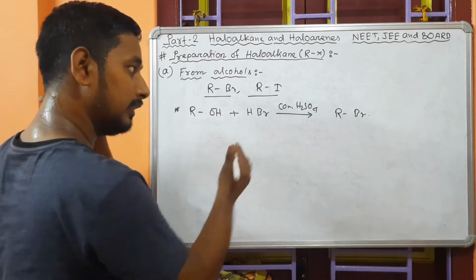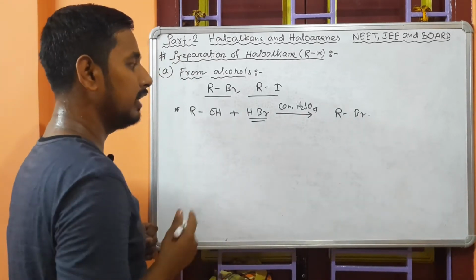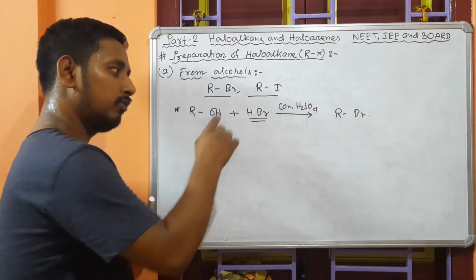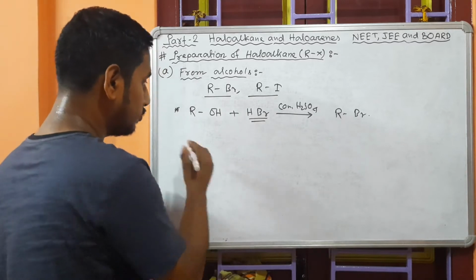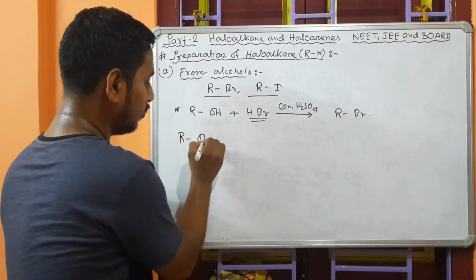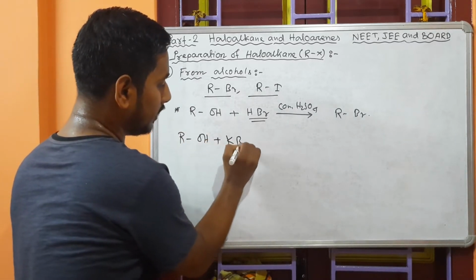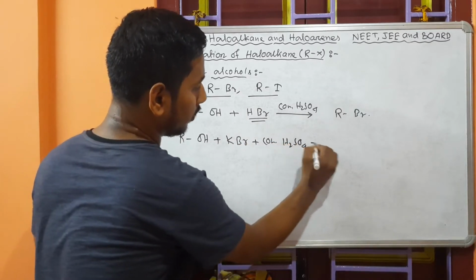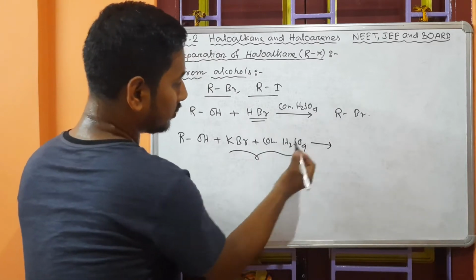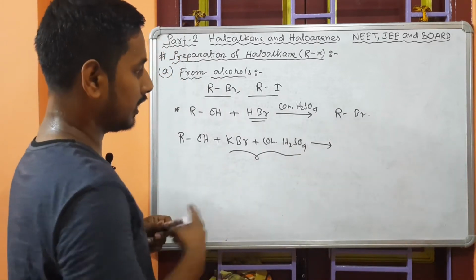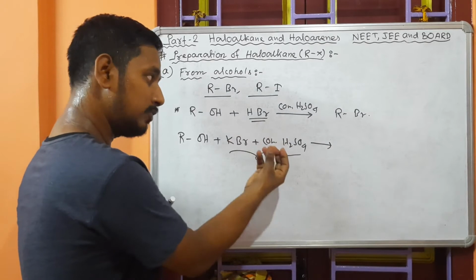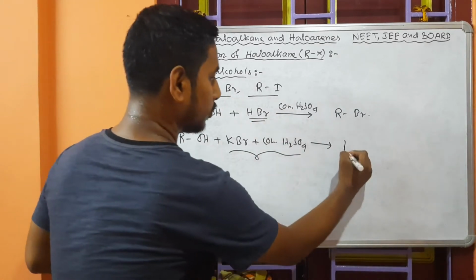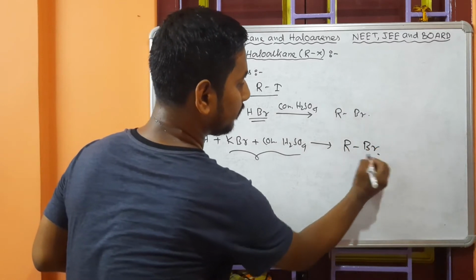Now see here, this HBr is actually in situ. In situ means this HBr will form during the reaction. Actually, your alcohol reacts with KBr in presence of concentrated H2SO4. This KBr and concentrated H2SO4 react with each other and form HBr, and that HBr will react with alcohol and form the product RBr.